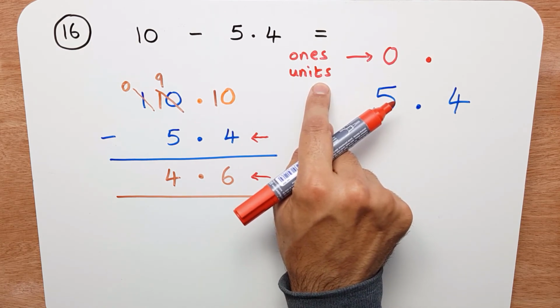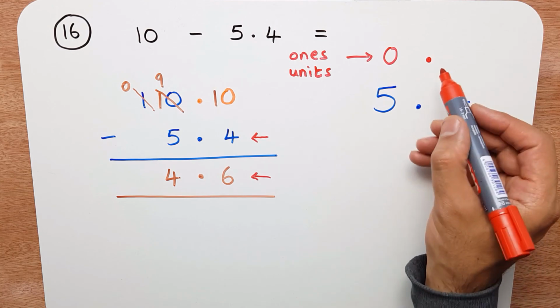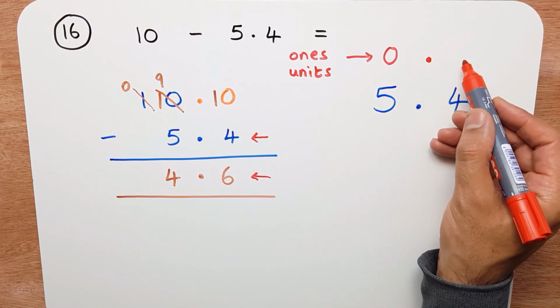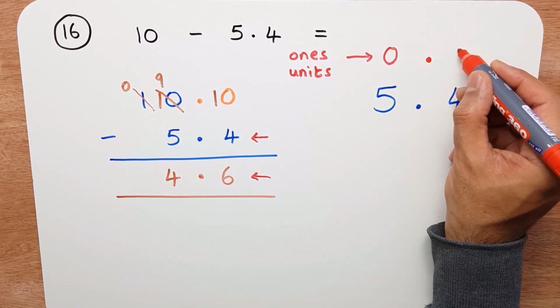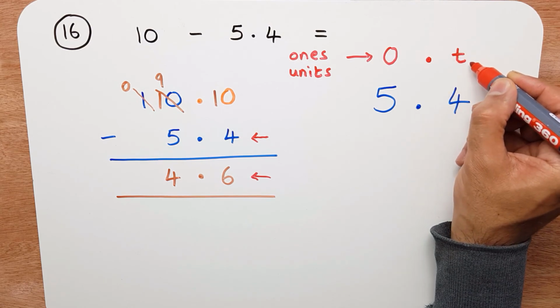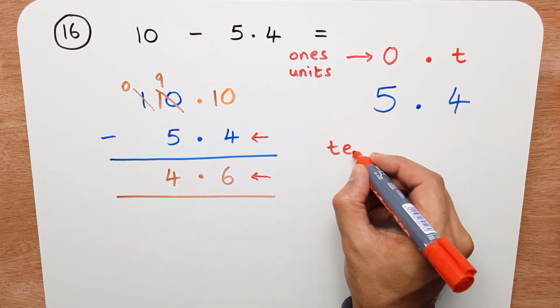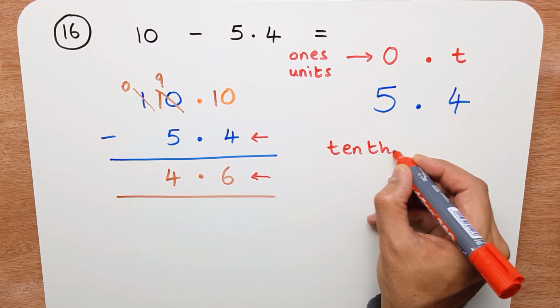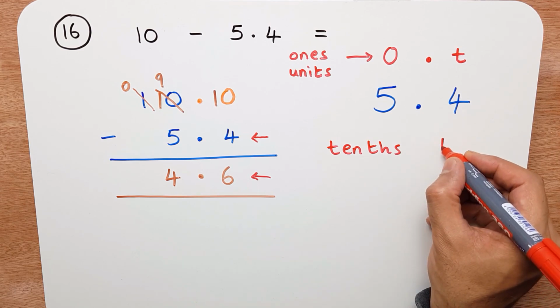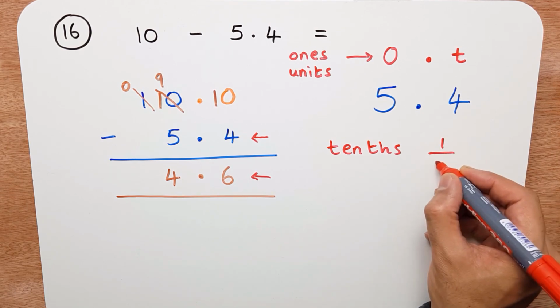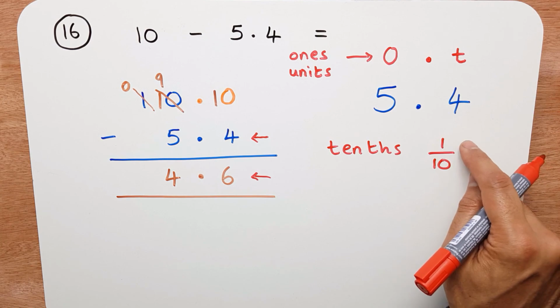So that's the units column or your ones column. Now, if you go to the right, this here is your tenths column. So you tend to write it with the lowercase t. Let me write that down, tenths. And sometimes they write it as 1/10.